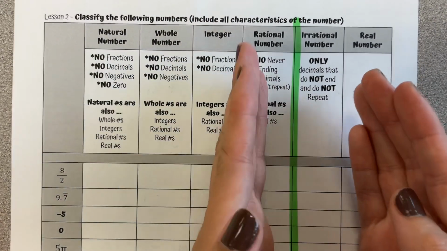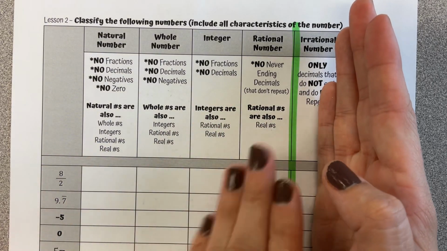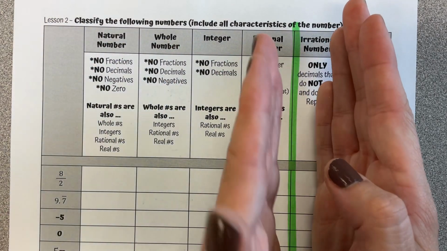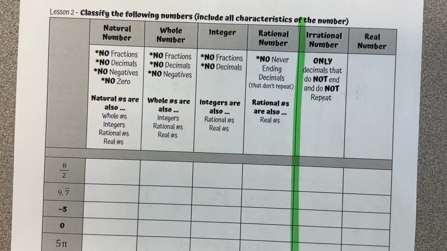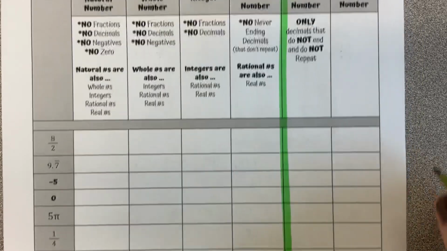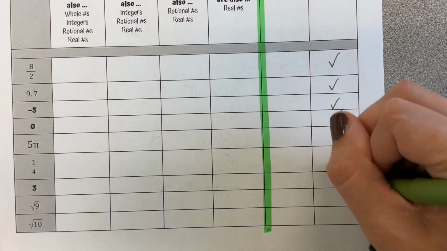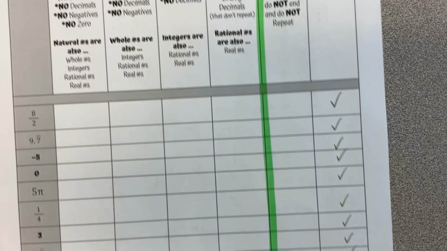So if it's rational, you're not checking off here. If you've checked off irrational, you're not checking off any of these over here, because all of these are different categories of rational numbers. And as we talked about this entire unit, we are doing real numbers. So I'm just going to put a check under real numbers for every single one that we have here.